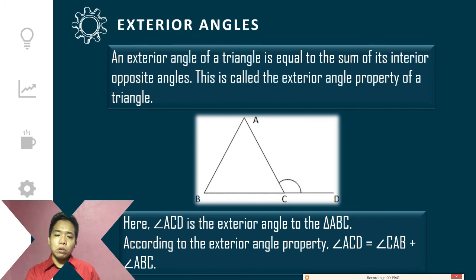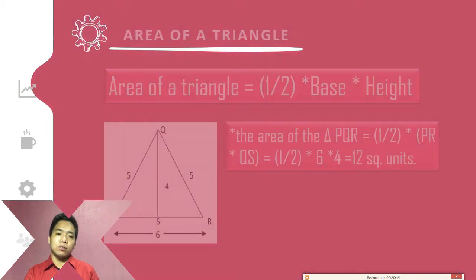So we can always get the measure of this angle by adding the measures of the two opposite interior angles. Okay, so angle ACD is equal to angle CAB plus angle ABC. So that is how we get the measure of any exterior angle. So that's all about exterior angles.